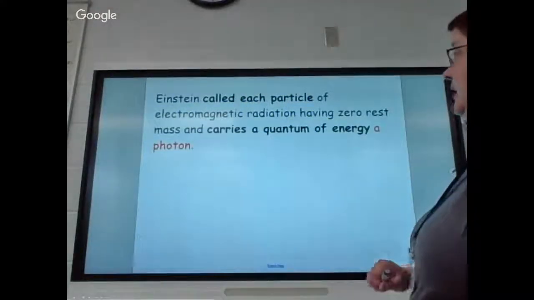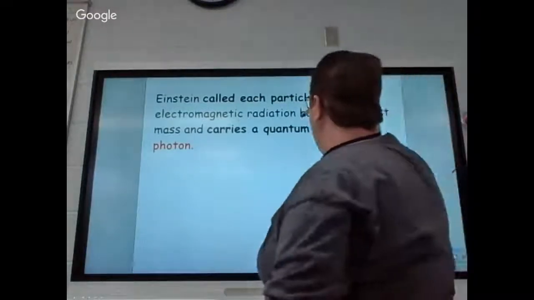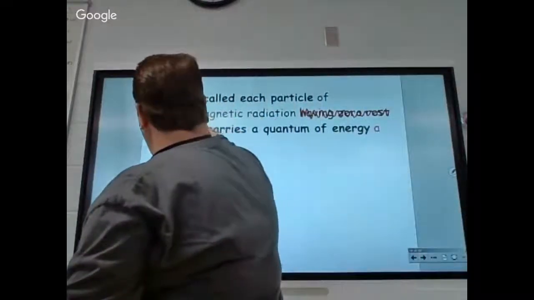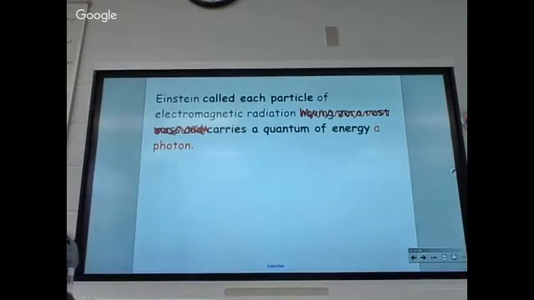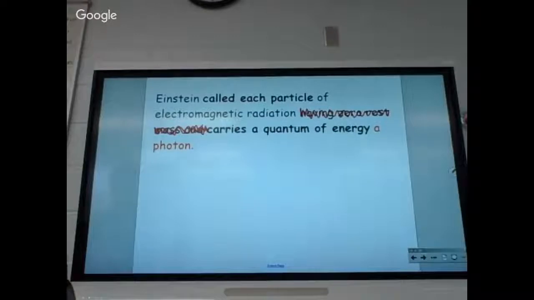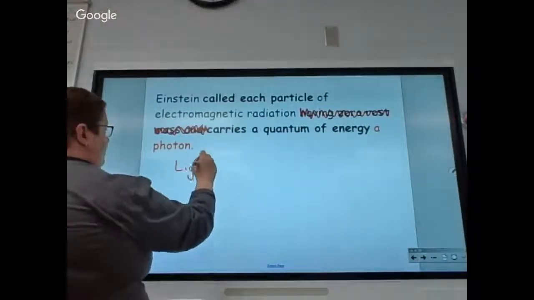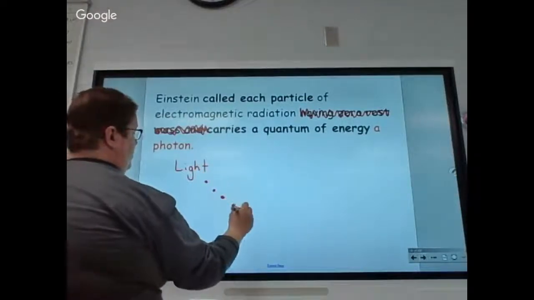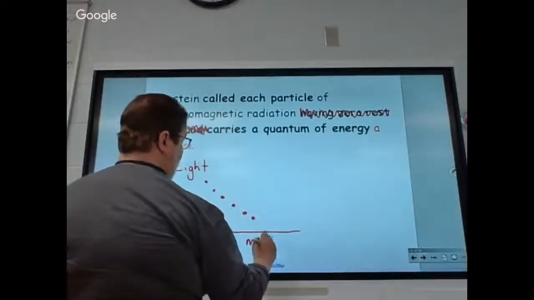All right. Einstein called each particle of electromagnetic radiation, you do not have to know this part about having zero rest mass, let me get rid of that, each particle that carries a quantum of energy a photon. So let's just say this is light, and here's our stream of particles coming at the metal.